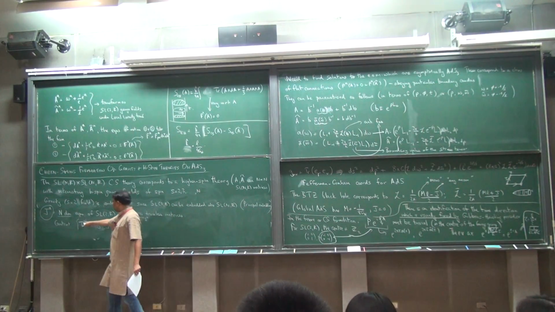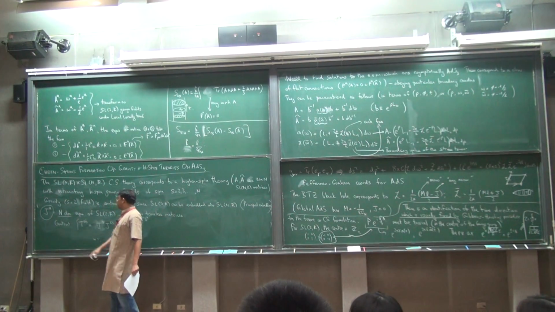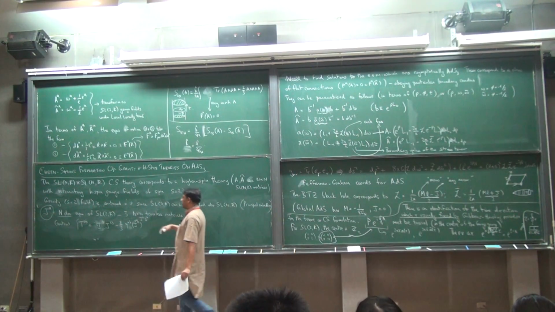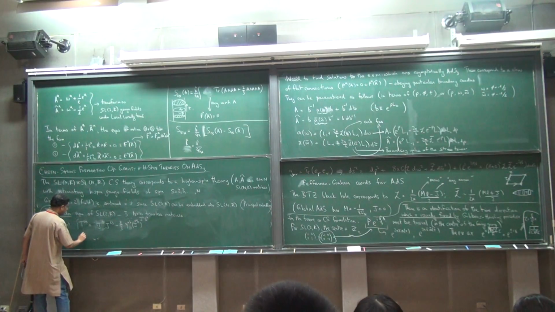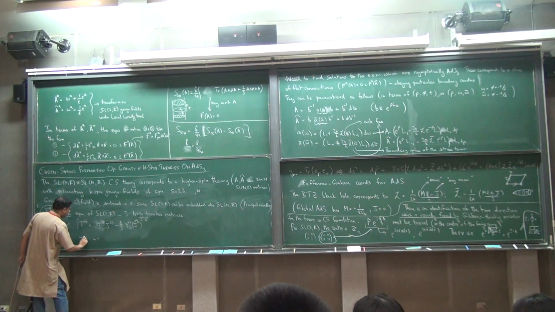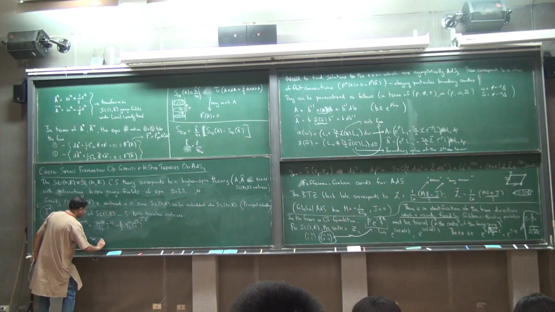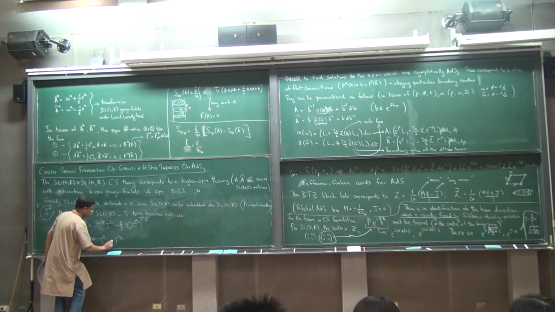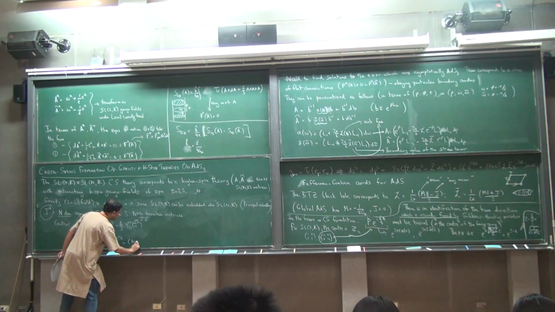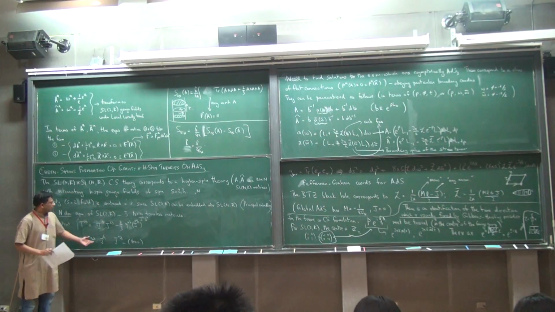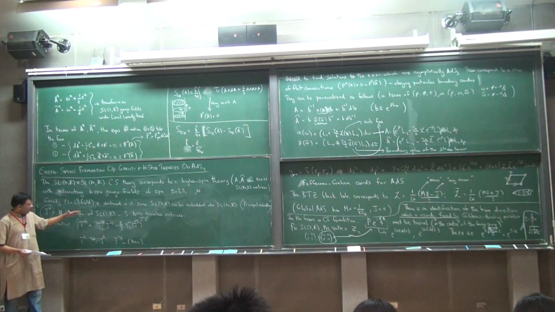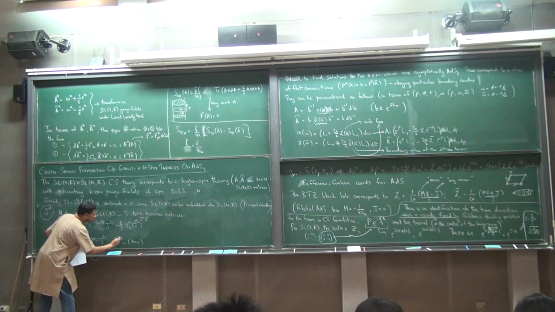But now these transform in the symmetric traceless representation of SL2R, and then I can go on to construct the A1 to AN, and again I construct the symmetric traceless combination of these J's, n of them.